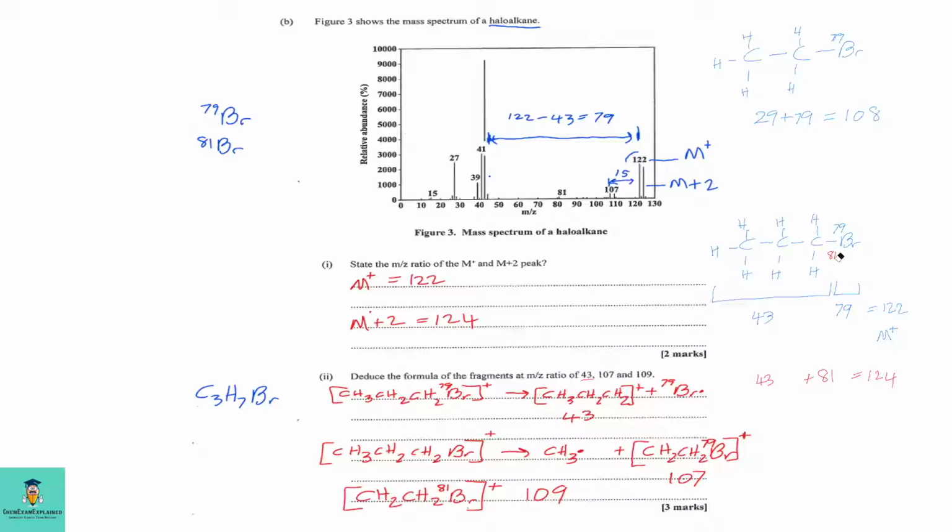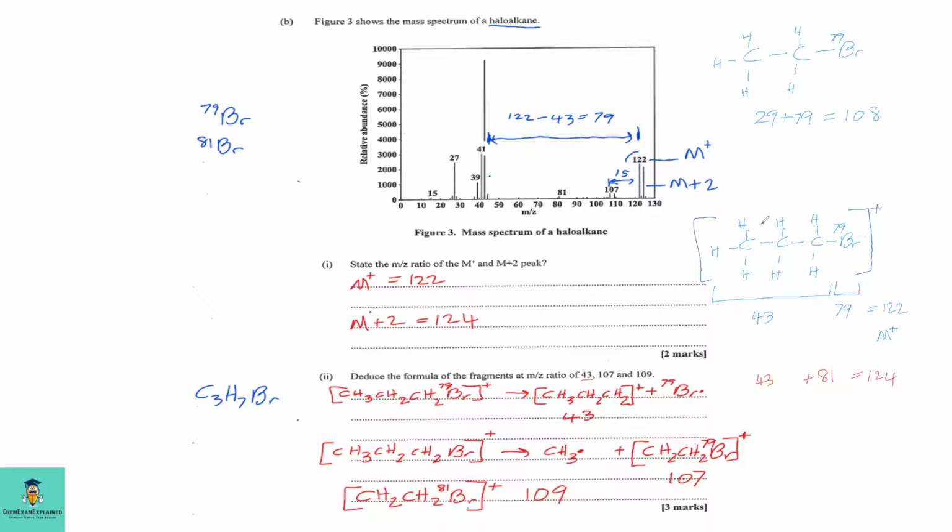If you should take the same molecule, which is CH3, CH2, CH2, Br 79, but this time we're taking the same molecule with the parent ion, so this of course should be positively charged.